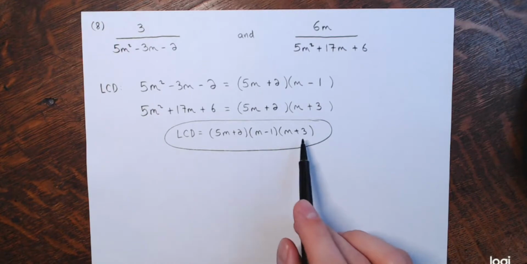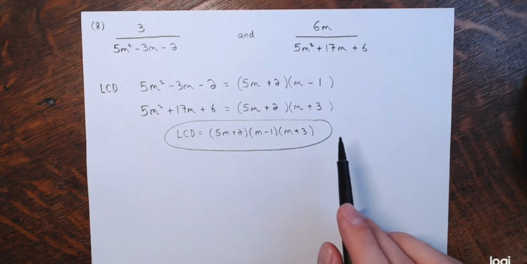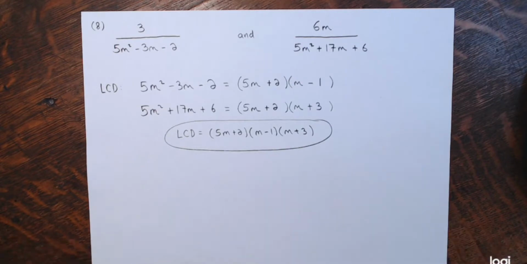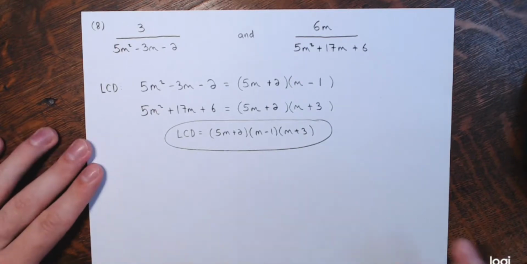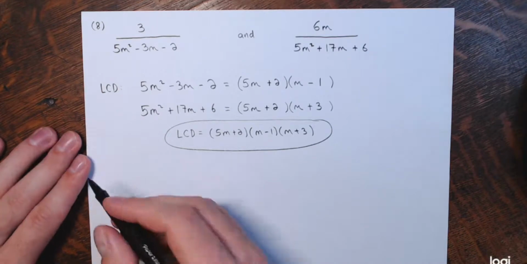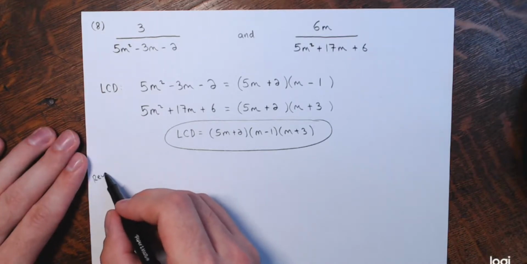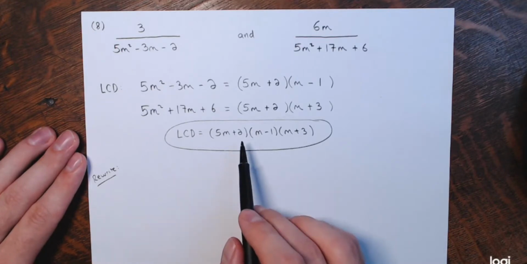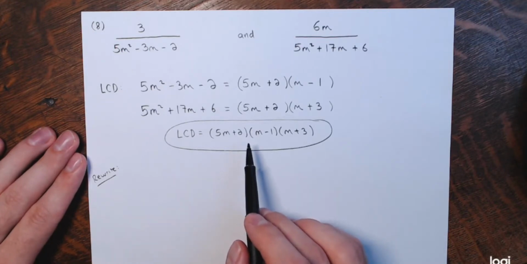And like I've been doing, I'm going to leave this in factored form. Or you can actually multiply it out and write the LCD as a fully formed polynomial. Alright, then we're going to rewrite each fraction as an equivalent fraction with the LCD as a denominator.